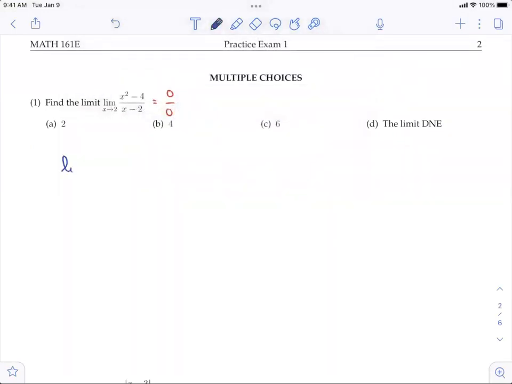So you can take the limit of x squared minus 4 over x minus 2 as x approaches 2. For the numerator, you can apply the difference of two squares. You get x minus 2 times x plus 2 over x minus 2.